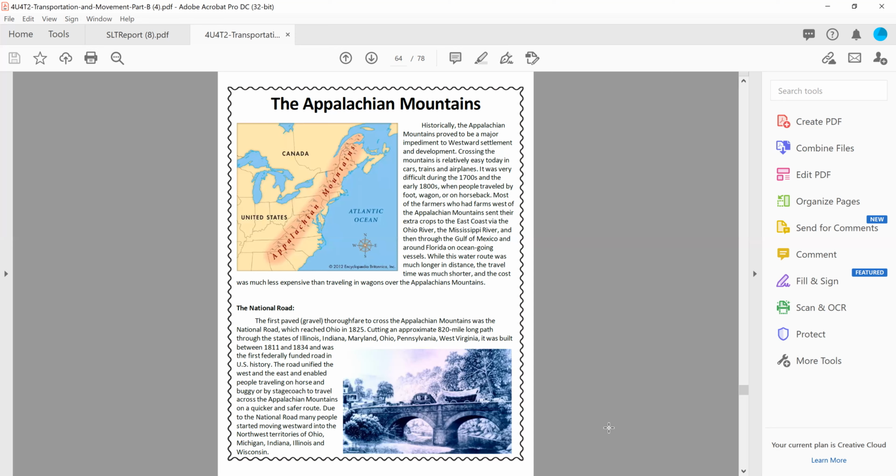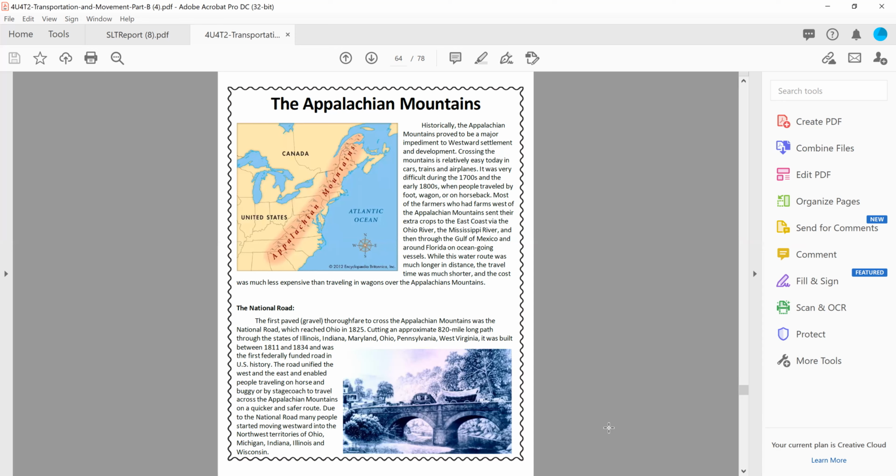The National Road. The first paved or gravel thoroughfare to cross the Appalachian Mountains was the National Road, which reached Ohio in 1825. So that was 40 years before the Civil War. Cutting an approximate 820-mile-long path through the states of Illinois, Indiana, Maryland, Ohio, Pennsylvania, West Virginia.